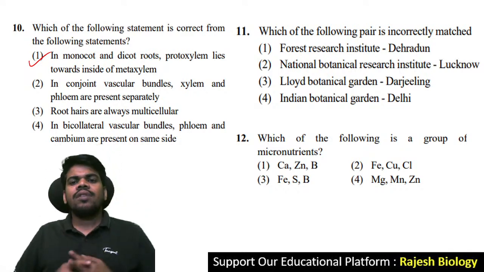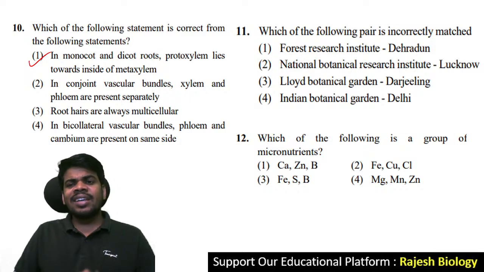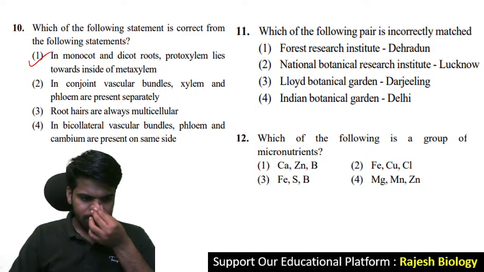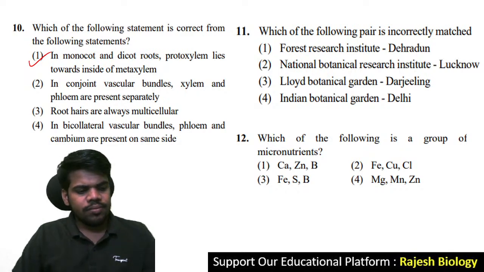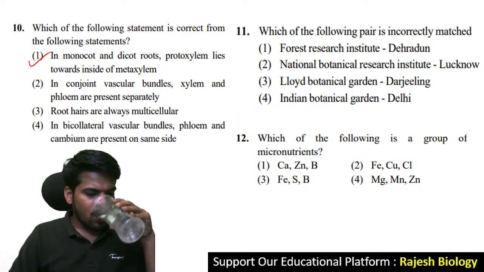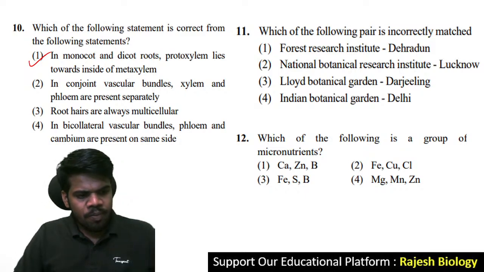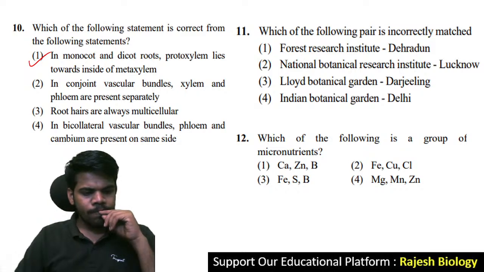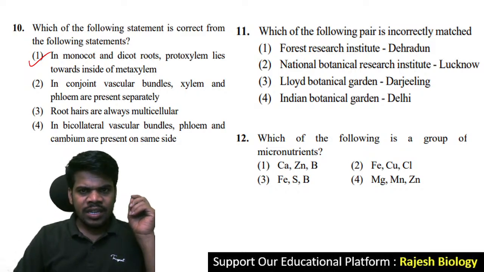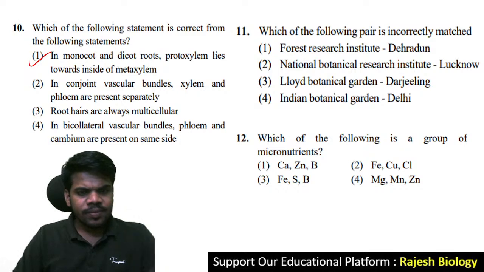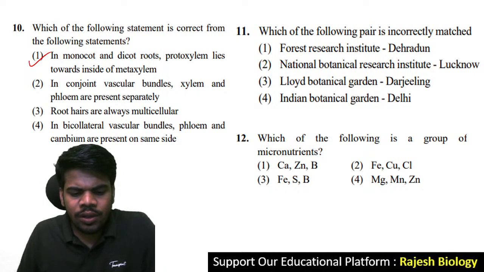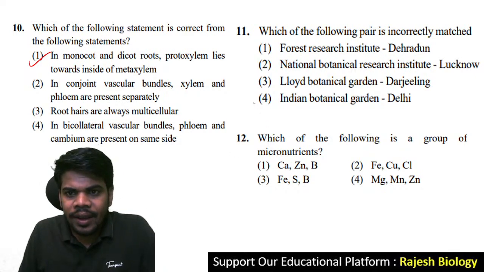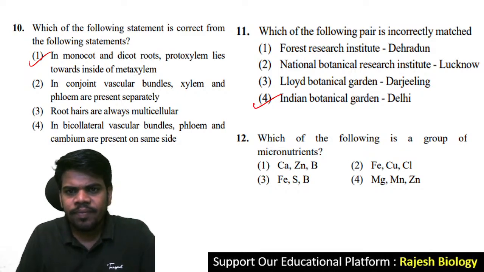11th question. Which of the following pair is incorrectly matched? The right answer is Indian Botanical Garden is not in Delhi.